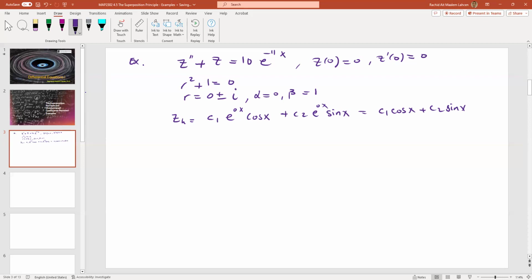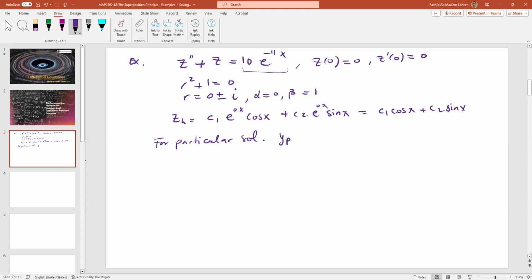All right, let's now look into the particular solution. When you look at this and compare it with what we have for the non-homogeneity, we see that we can proceed with maybe a constant times this exponential function for the particular solution.